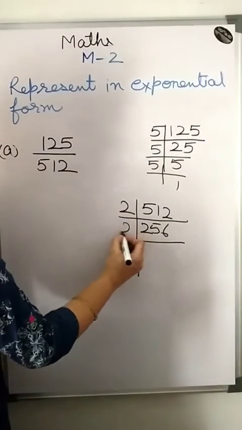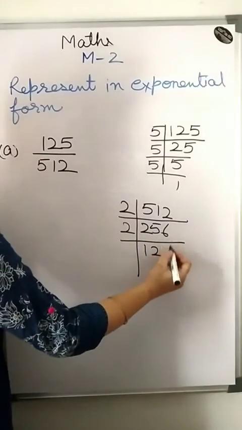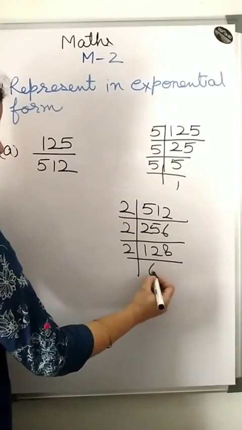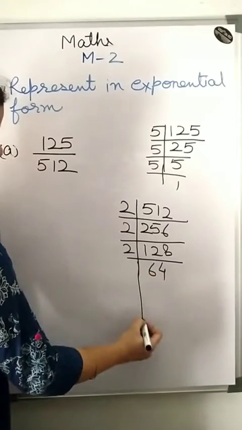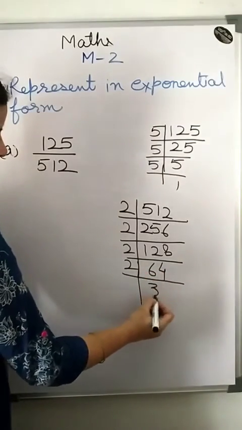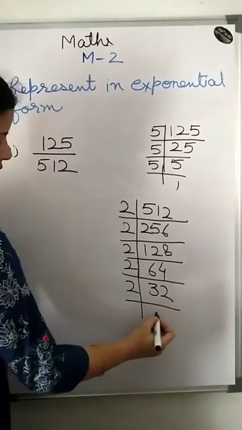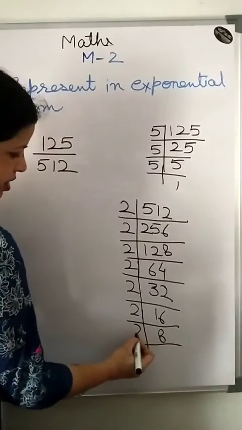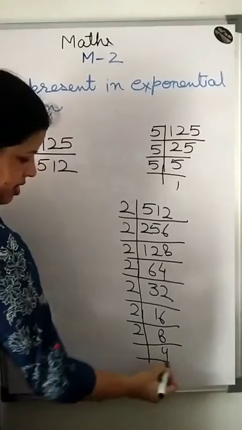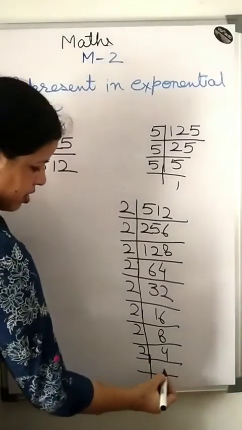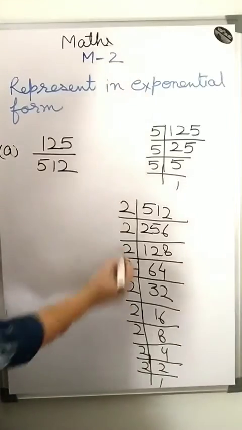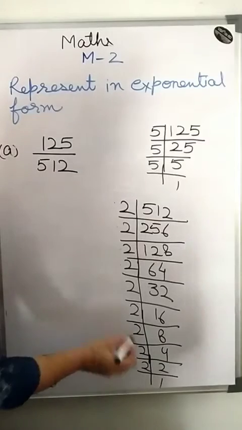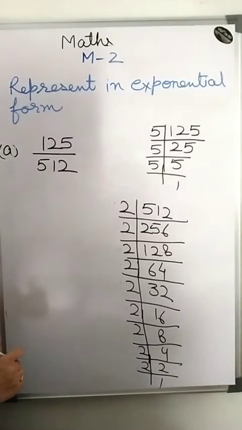Then again we divide by 2, and again, and again, down to 2 and 1. Counting the twos: 1, 2, 3, 4, 5, 6, 7, 8, 9. So this is 2 to the power 9.